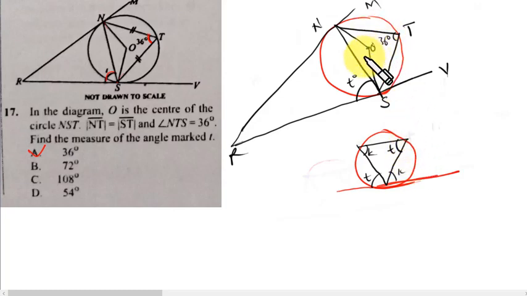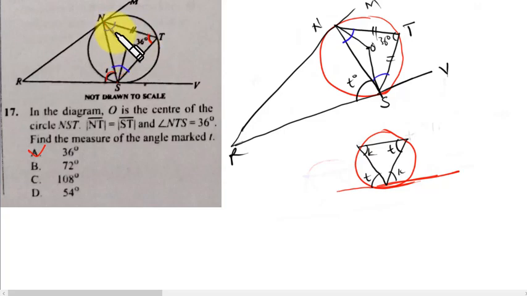Now another thing we have to realize there is that we are told that the triangle here is isosceles, that is T and S. So that tells us that the angles here and there are equal. The sum of the interior angles of a triangle is 180 degrees.